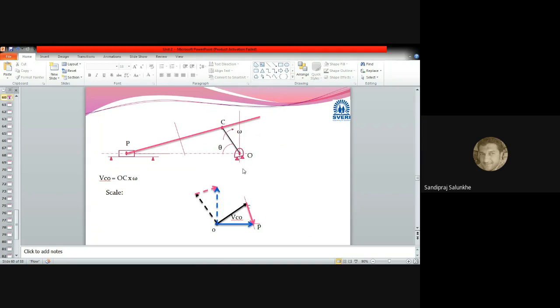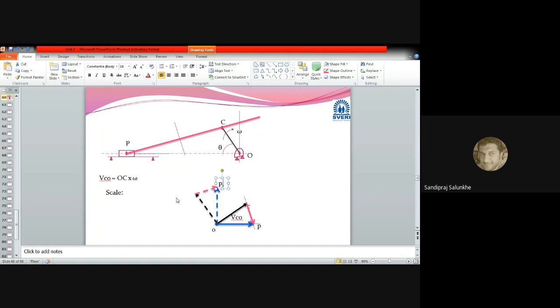Now I will give a nomenclature to this rotated triangle also. Here we get point P, I'll call it P1.